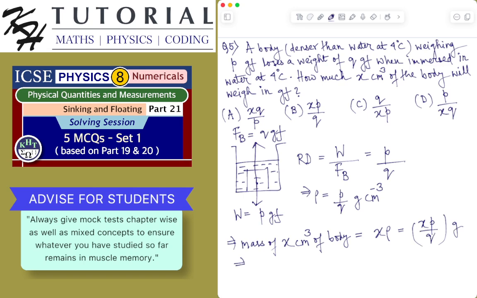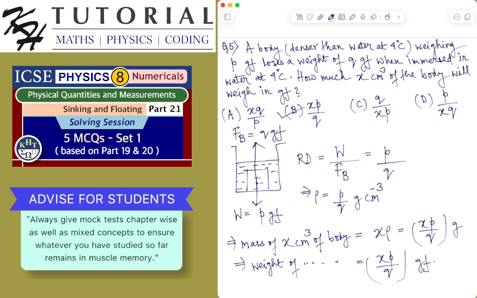This implies the weight of X centimeter cube of body will be nothing but XP by Q, this much gram force. Hence the correct choice is B. B is the correct choice.